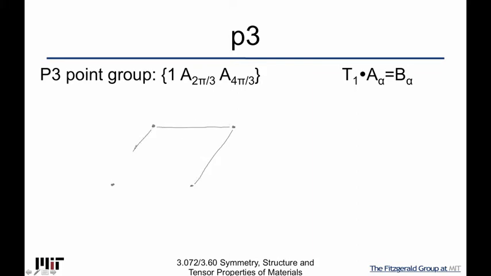We had shown that in the case of the primitive lattice here, compatible with a threefold axis, remember we had 120 degrees here, right? And of course, by definition, we're saying we have threefold axes here.